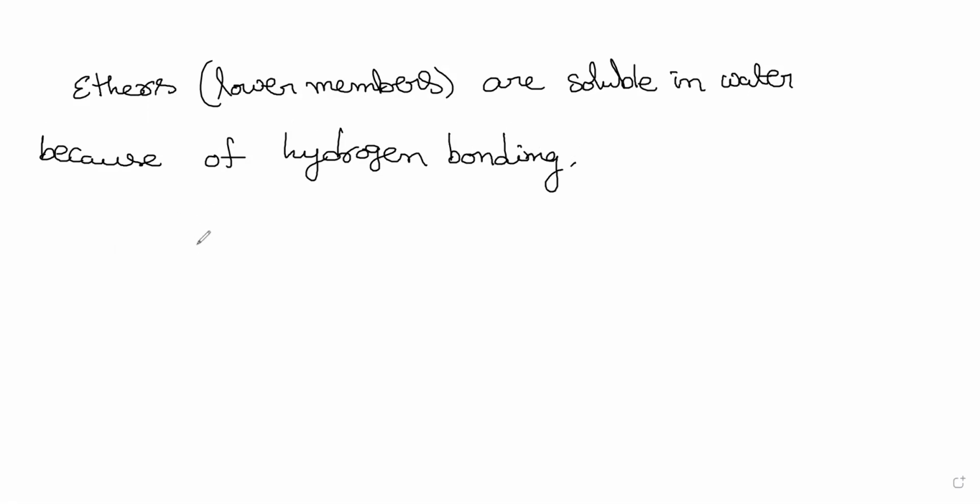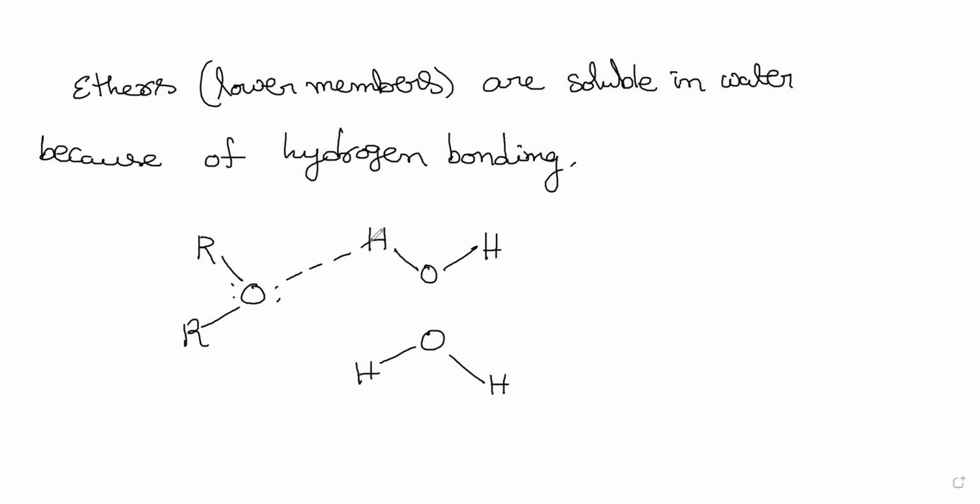So how does it look? The hydrogen bond is like this: R, O, R, and then you have the water molecule, just like this, and then the water molecules get attached to oxygen. That's how it is soluble.